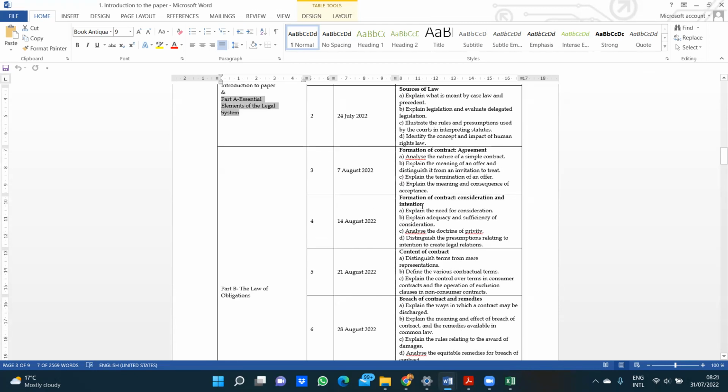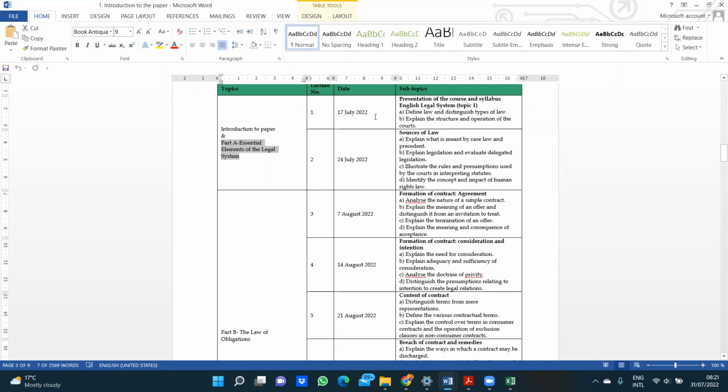They have minimal technical terms in contrast with the first two sessions, which had terms such as ratio decidendi, obiter dicta, and binding precedent. This part has some rules and regulations for each chapter, but fewer technical terms than the first chapter.